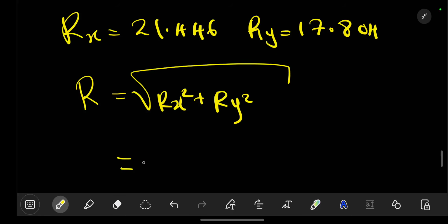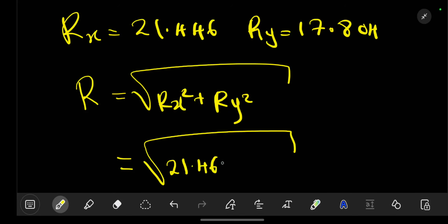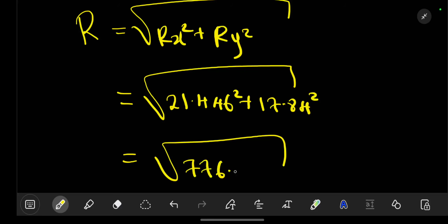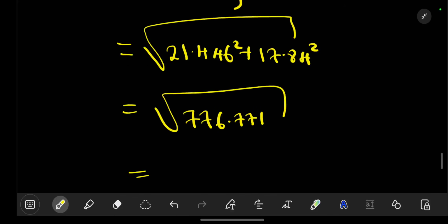Rx was found to be 21.446, squared, plus 17.804 squared. If we add those two, we get 776.771. So the square root of this value will be found to be 27.87.